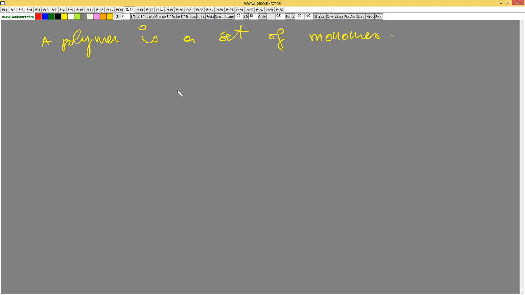Nature gives us examples of polymers. For example, cellulose. Cellulose is a polymer. It is sugar that is used by plants, and it is a polymer. And if we see what it is made of, it is made of units like these ones here.